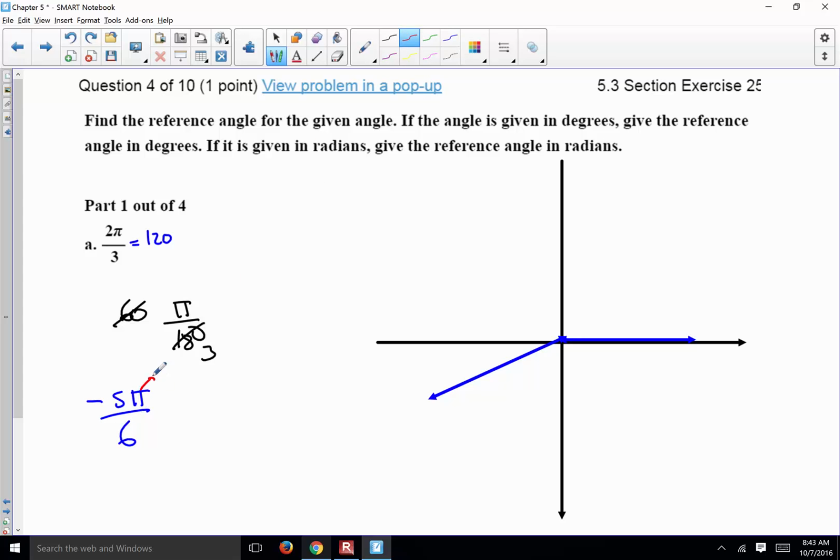If pi is 180, it is 30 times 5, negative 150, right? Negative 150 is this guy. Right? Am I right? Okay, how much distance is left to make x-axis left side? This is 30 degrees, but they want it in radians, it's pi over 6.